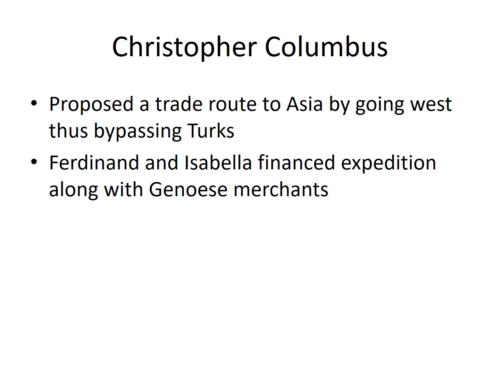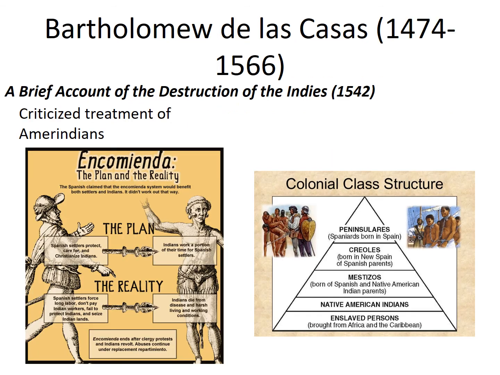And Ferdinand and Isabella will finance the expedition along with the Genoese merchants who had formed a kind of joint stock company, if you will, to help fund the expedition since Columbus was from Genoa. His discoveries, even though he thought he was in Asia initially, will lead to more Spanish explorers pushing westward once they determine, oh, look, we have found a whole other world over here, two new continents.